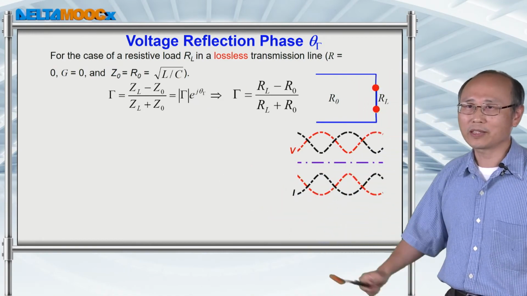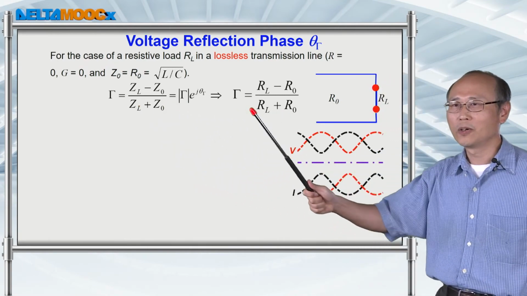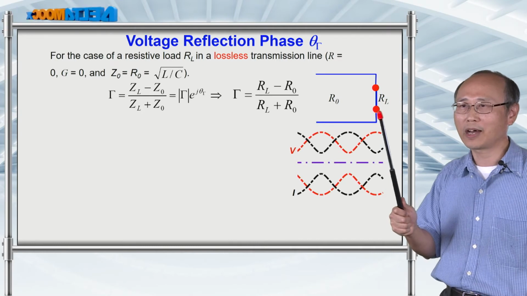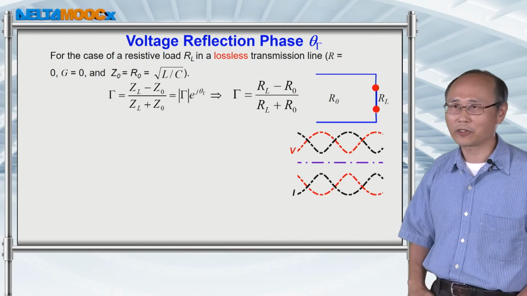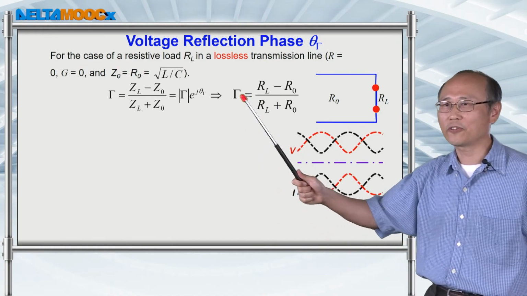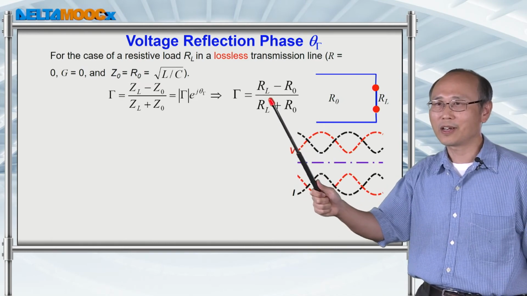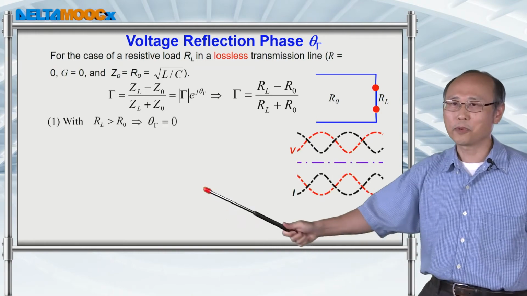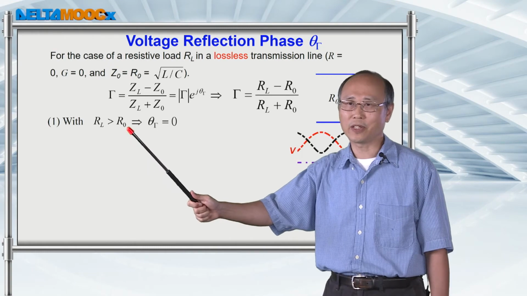With this, you can write your reflection coefficient like this, where RL is the resistive load at the end of the transmission line, and R0 is the characteristic impedance. Apparently the reflection phase is related to the values of RL and R0. For example, suppose that your load resistance is larger than your characteristic impedance.